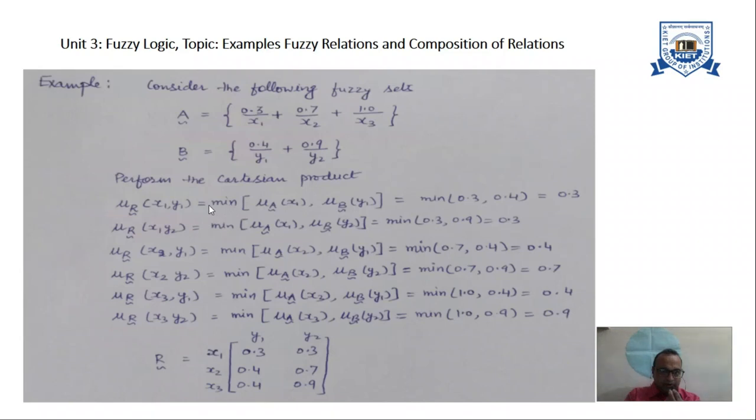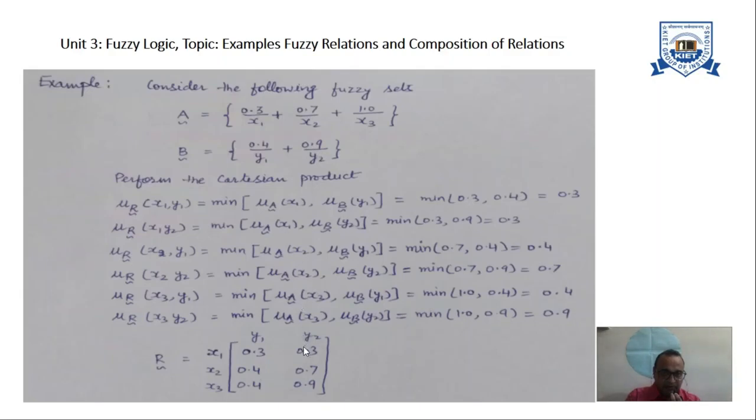We find the minimum of mu A(x1) and mu B(y1), and that minimum is the membership value of the association x1 y1, so here we get 0.3. For x1 y1 the minimum is 0.3, so we write 0.3. For x1 y2 the minimum is again 0.3.